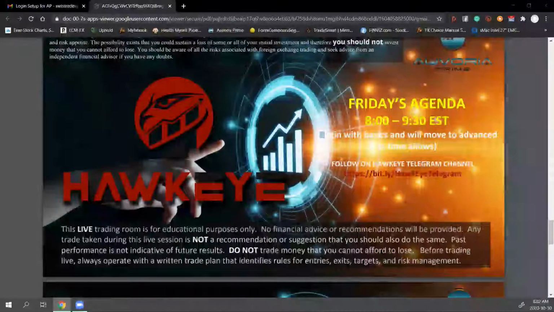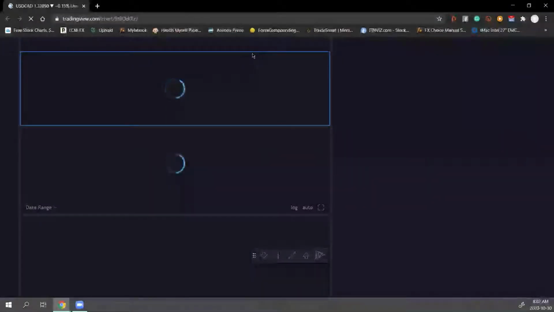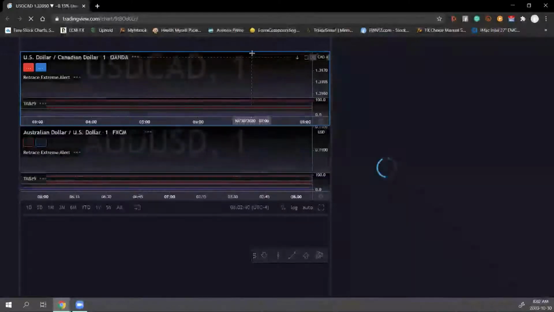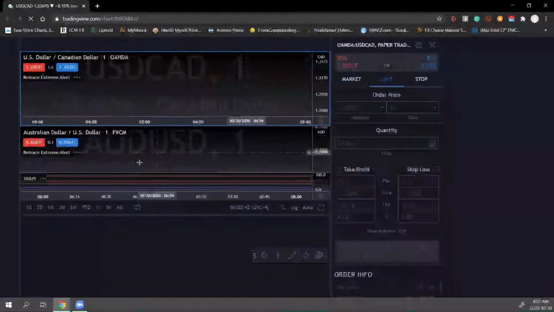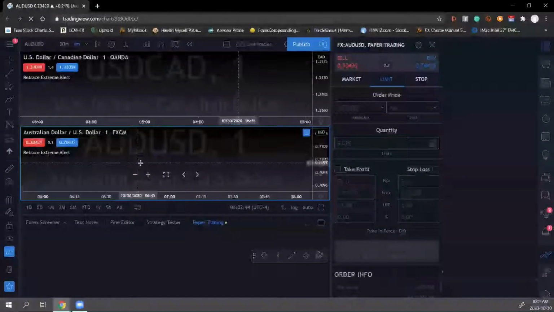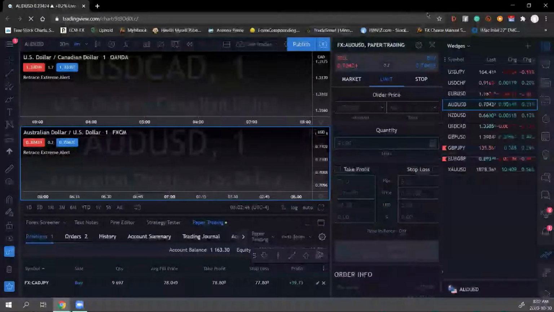So just a second here. I'm going to open up my charts that don't have all these indicators on it. Hold on. Oh, not that one. It's not the right setup.